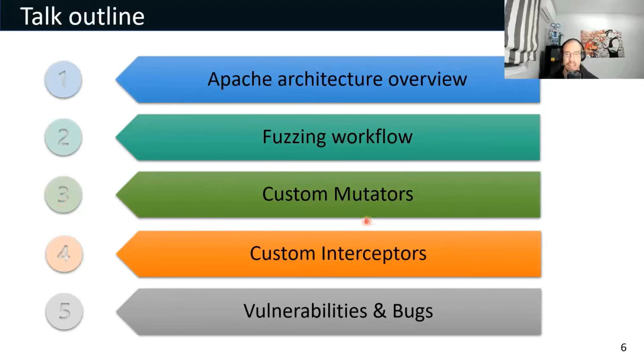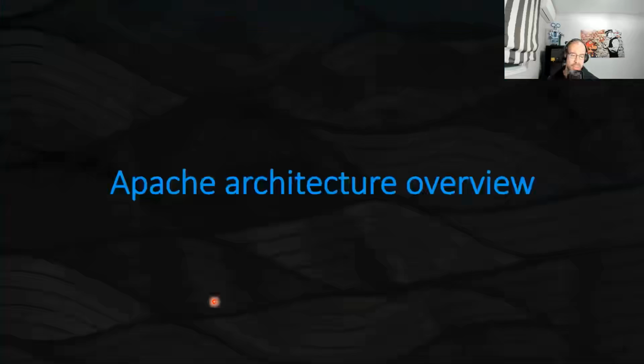After that, I'm going to explain some of the custom interceptors that I have created. And in the last point, I will show you some of the vulnerabilities and bugs I have discovered. Well, let's start with the Apache architecture overview.